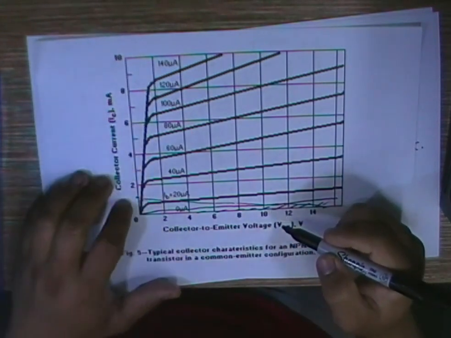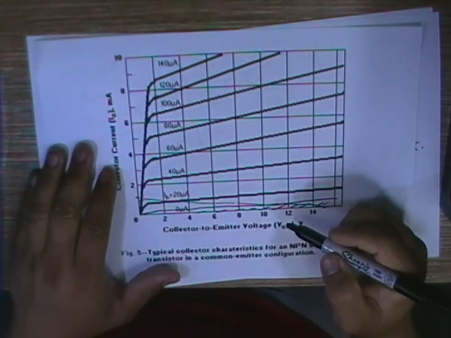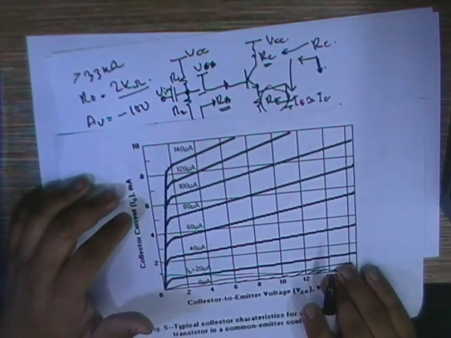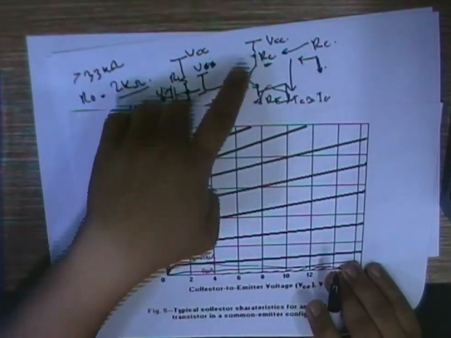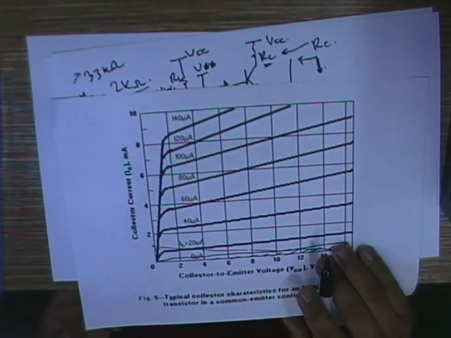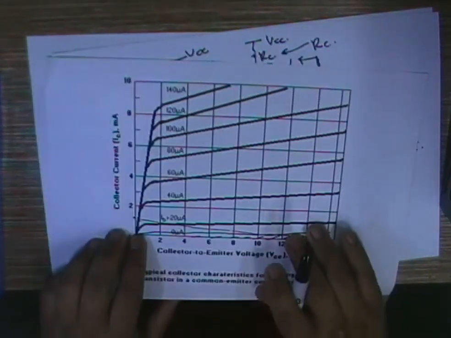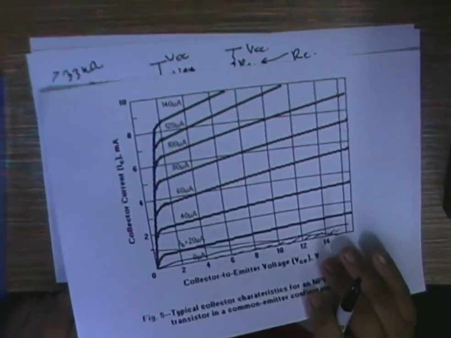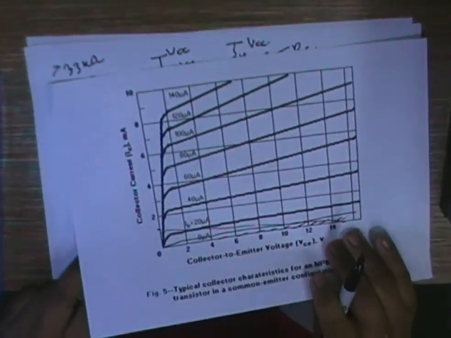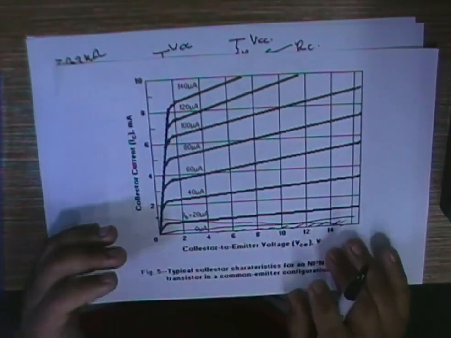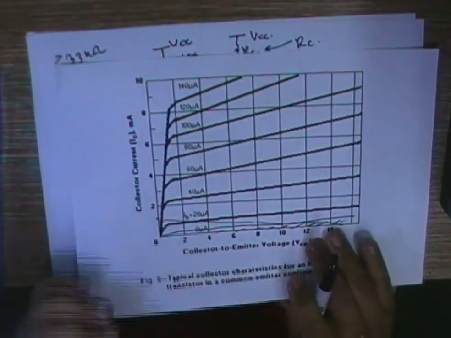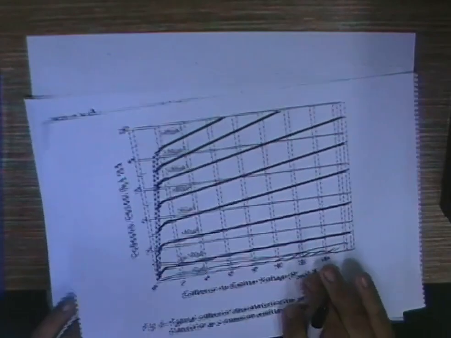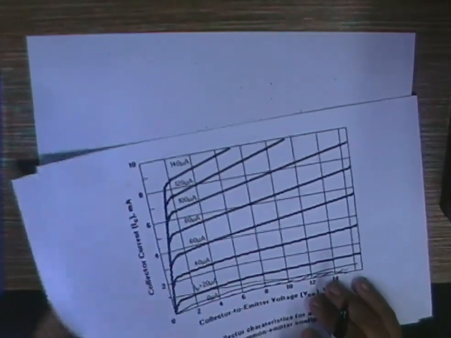So if I want to change my current, means that I want to increase my IC, I have to decrease my RC, or I have to reduce the gain. So this is not possible, so I have to work with this. I have to do some compensation, which one should I do, and then I have to check whether my transistor is on or my transistor is off.